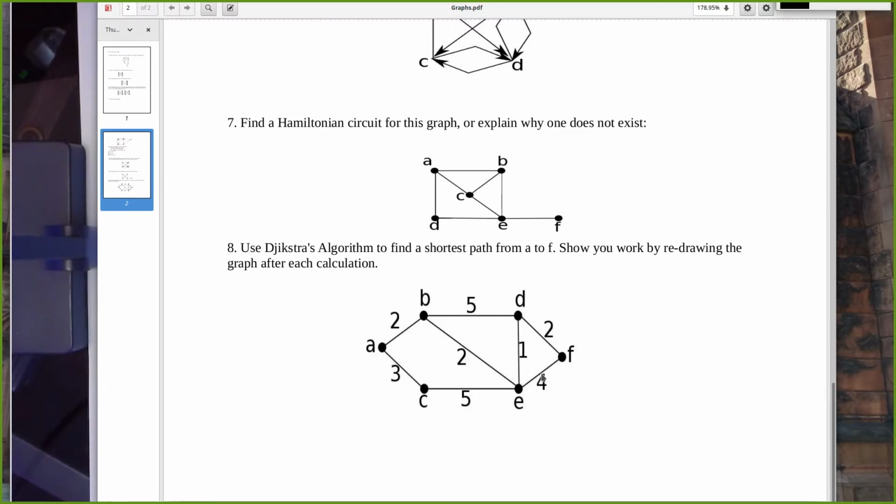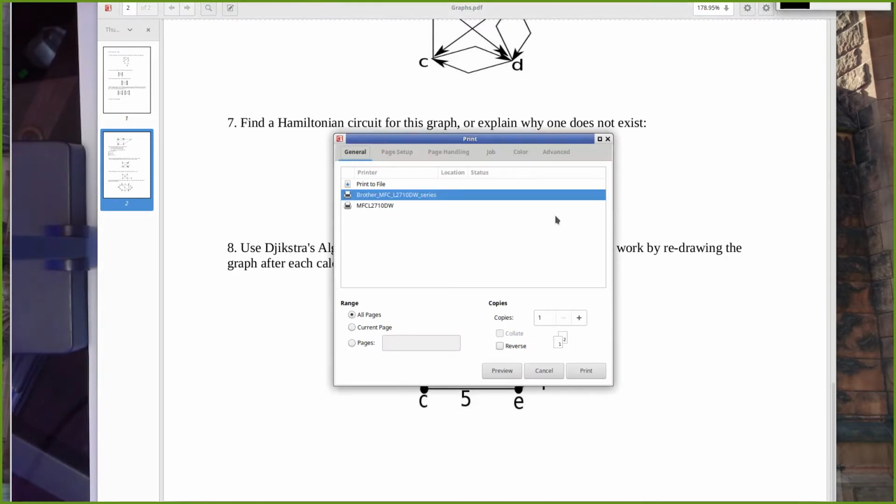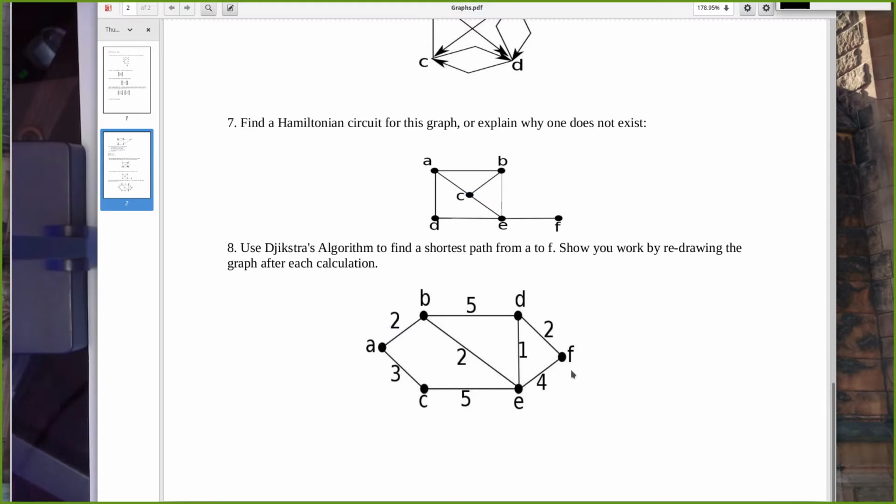All right, and so we're trying to go from node A to node F. And let's see. Similar to a typewriter, but harder to hang on your wall.